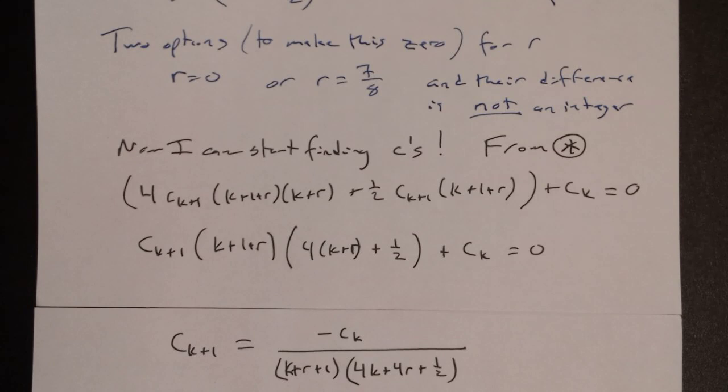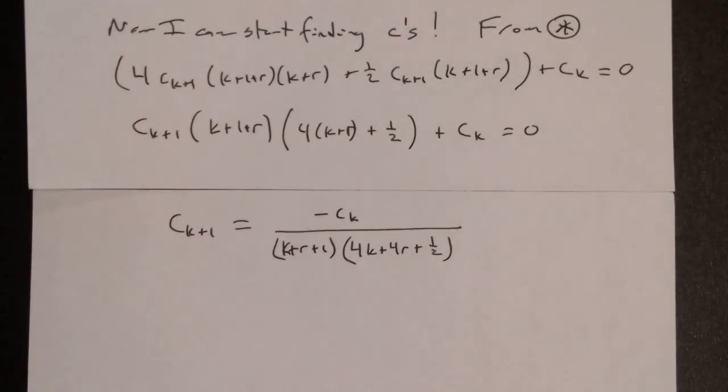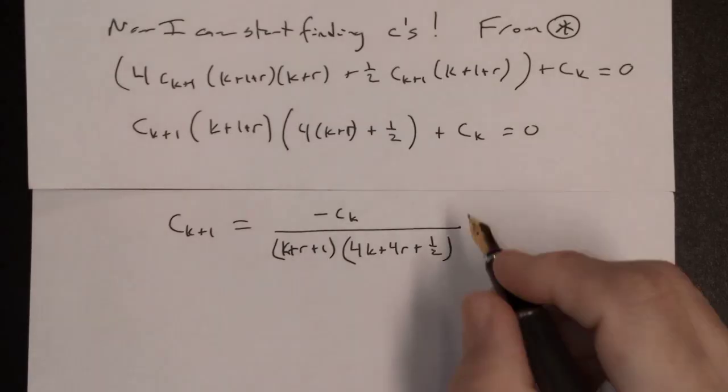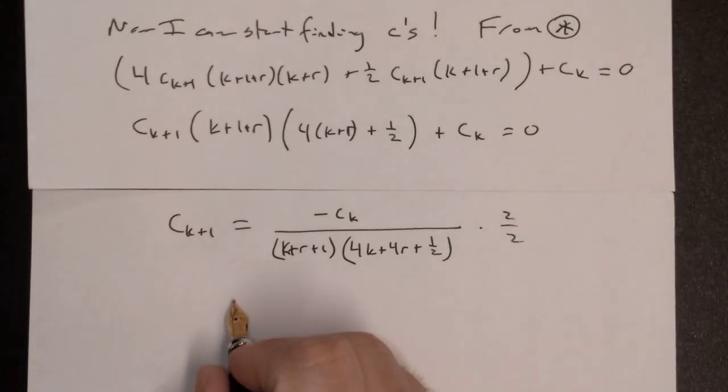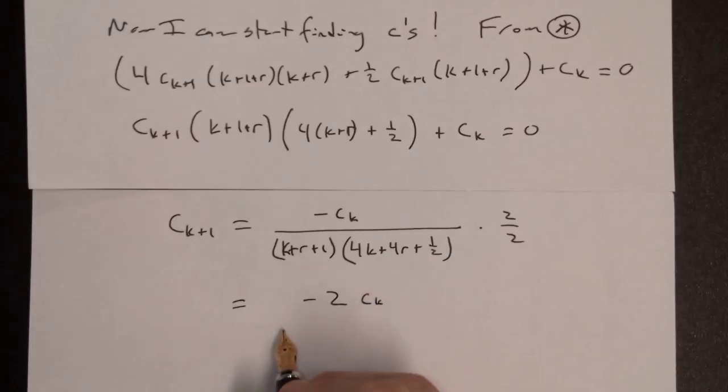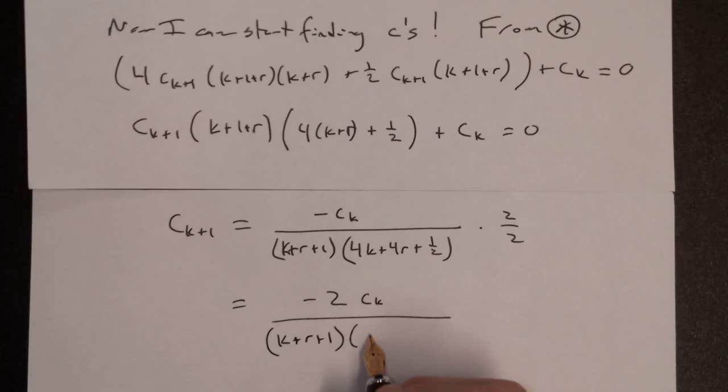That makes me less than thrilled. So I think I'm going to cheat, and I'm going to multiply the top and bottom of this fraction by 2. And that makes it minus 2CK over K plus R plus 1, 8K plus 8R plus 1. I just brought the 2 into the second set of parentheses rather than into the first set.